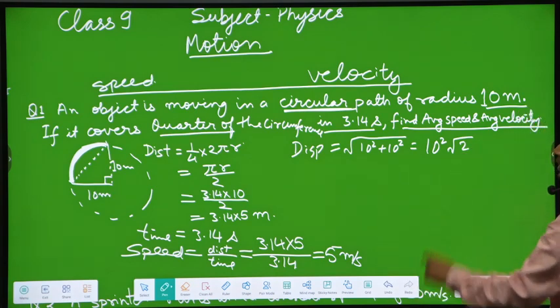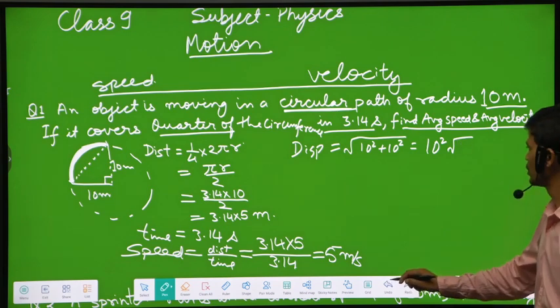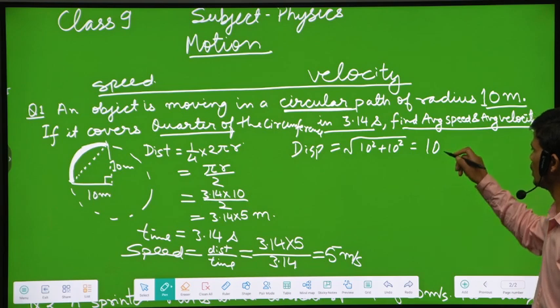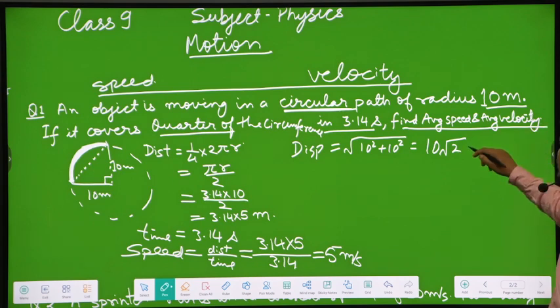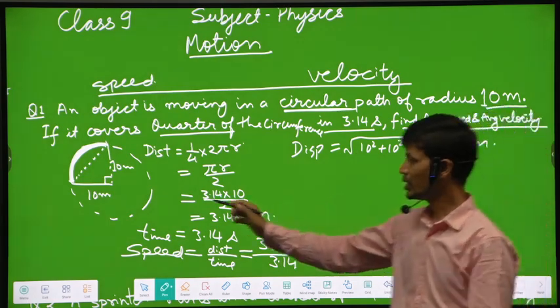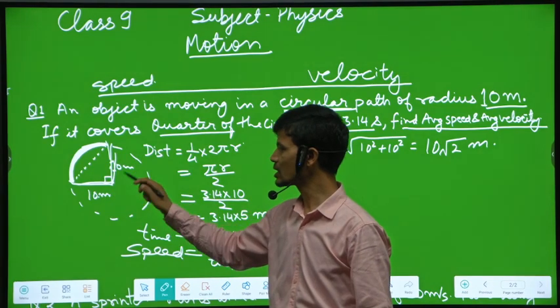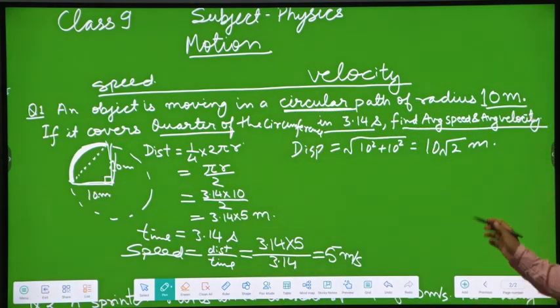We can directly write it like this, 10 root 2 meter. Here we have a right angle triangle, both sides are equal. Then only we can do this.